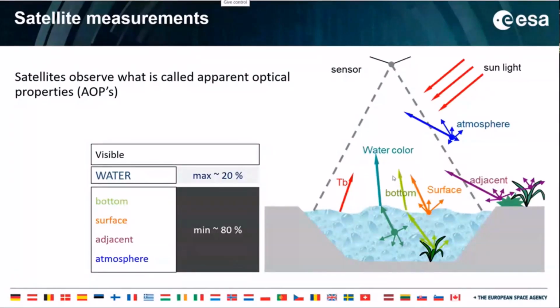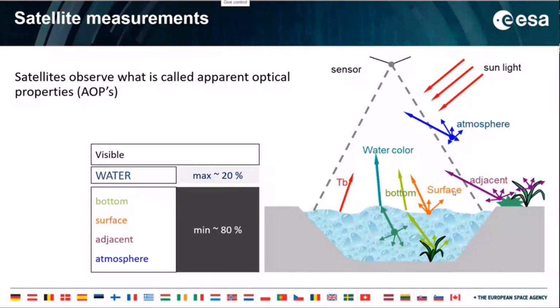So the sun will give the radiation, it will go through the atmosphere and interact with the atmospheric constituents, then hit the water surface, penetrate the water, interact with the water constituents and go up. If you have a small water target, like the one depicted here, you will have a problem we call the edge effect.